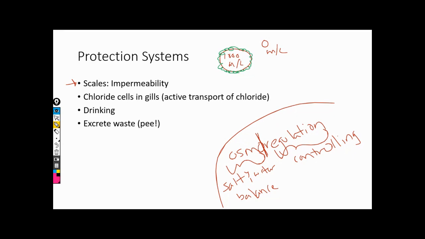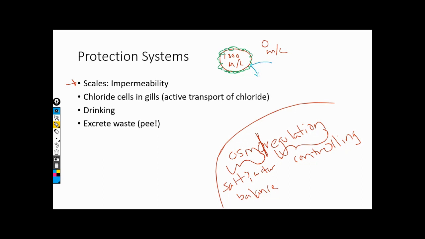Remember we said, if I'm really salty inside, the water wants to go inside to dilute that. We don't want that to happen. So here's the blue representing my water.